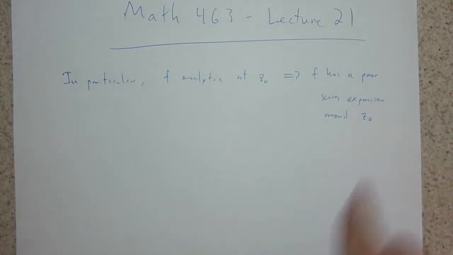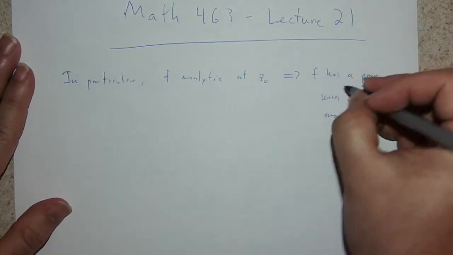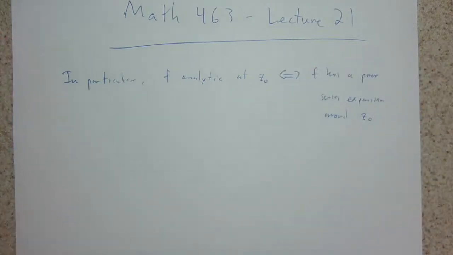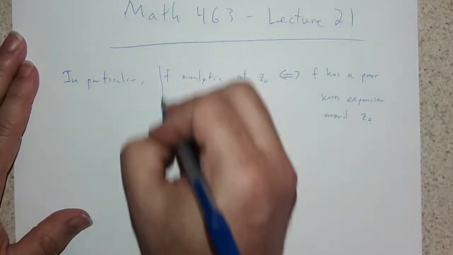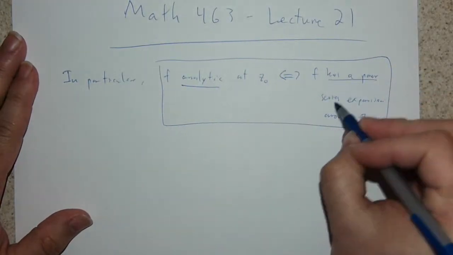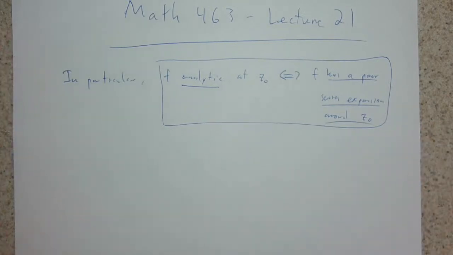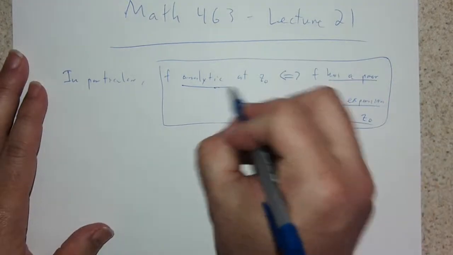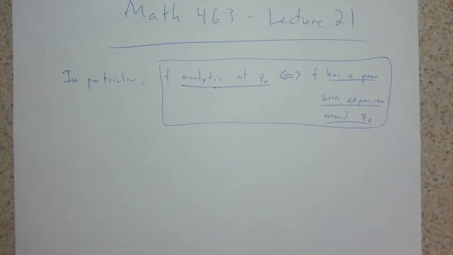Having a power series expansion around z0 is exactly the consequence of Taylor's theorem. Of course, this is going to go in both directions. And so if we wanted to, we could have actually defined this word analytic to mean has a power series expansion around the point. In fact, that is the typical definition of analytic. So if you've seen the word analytic coming from real analysis, that is how the word analytic is defined there.